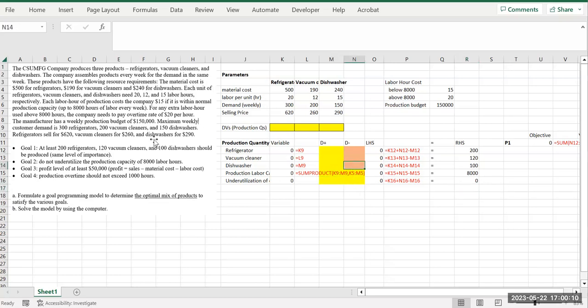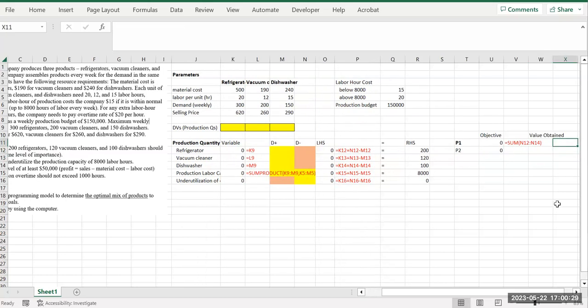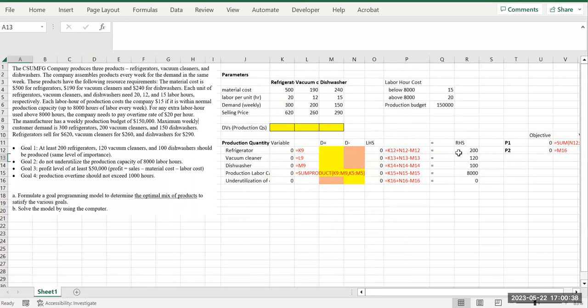This one definitely is going to be 0, so we may even drop this, right? It's not going to change anything. But this is a bad deviation. All right, let me write down the P2 now. P2 is going to be the bad deviation for the second goal. All right. And the value obtained is to be determined later.